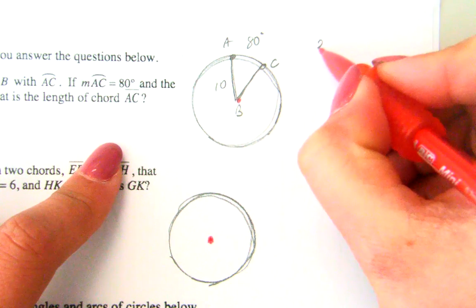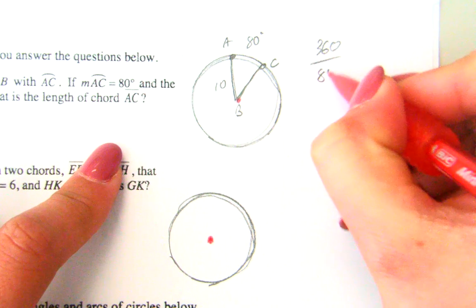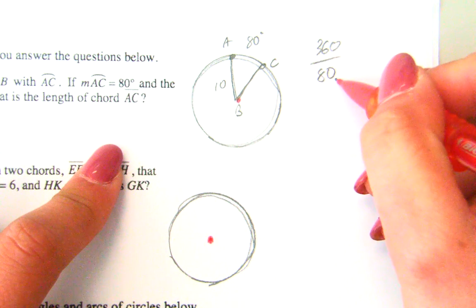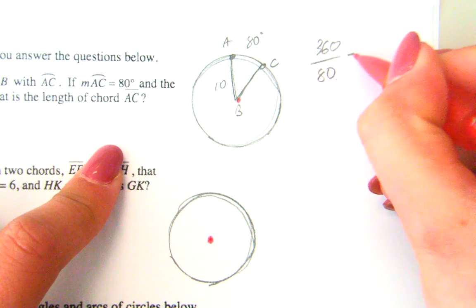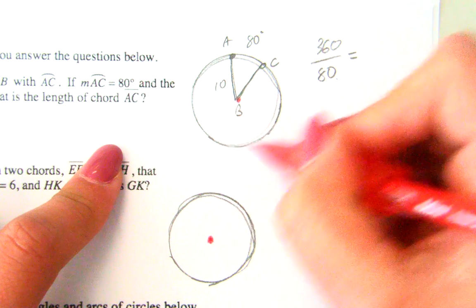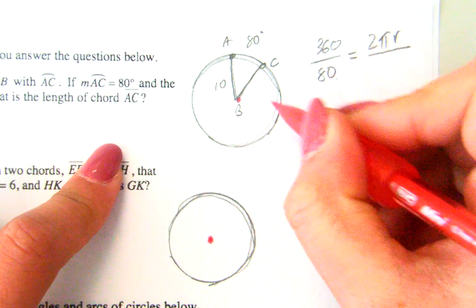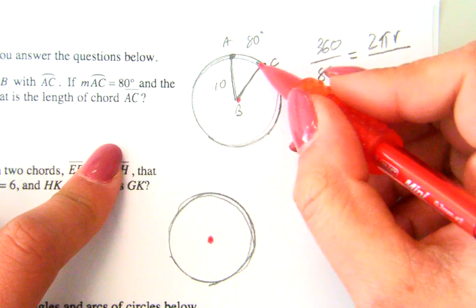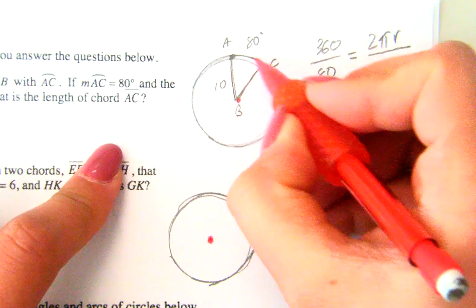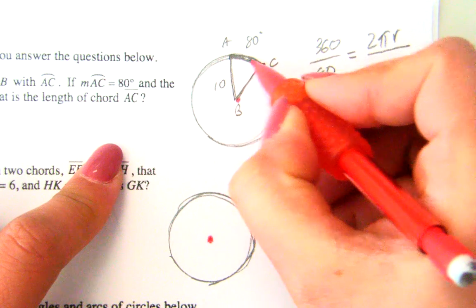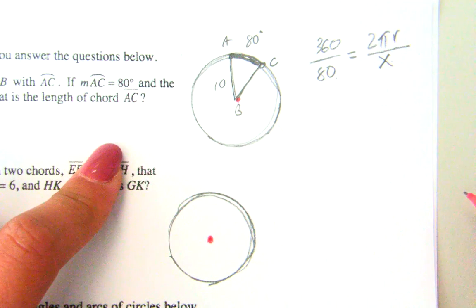So they said, okay, 360 is the whole circle, and 80 is what we have. And then they said that has to be equal to the whole circumference, which is technically 2 pi r, cut up by what we want. So we want this part of the crust right here. So we're really looking for x.